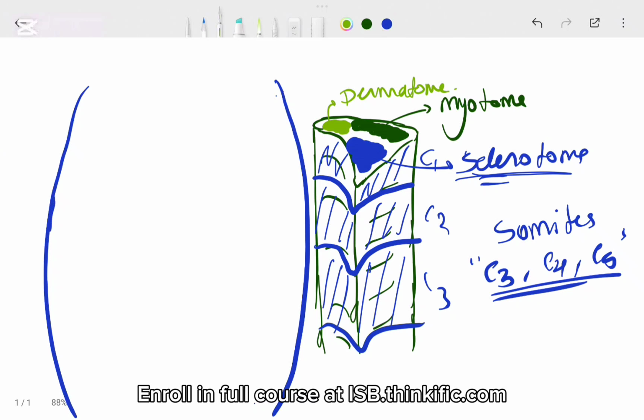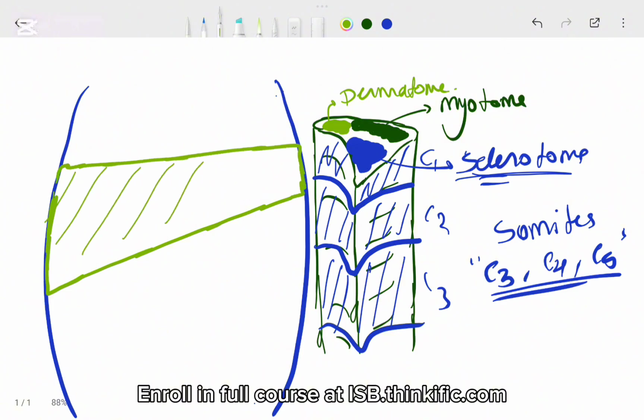I'm going to give it a different color. Septum transversum. Okay, it's in the neck initially. It's called the septum transversum. What happens to this septum transversum? The myotomes, these myoblasts which are going to give the muscle cells, will migrate.